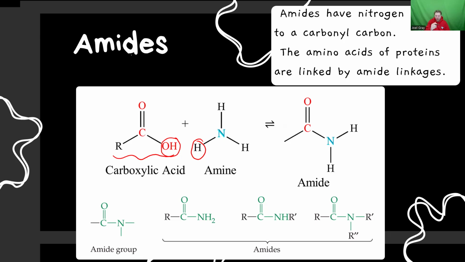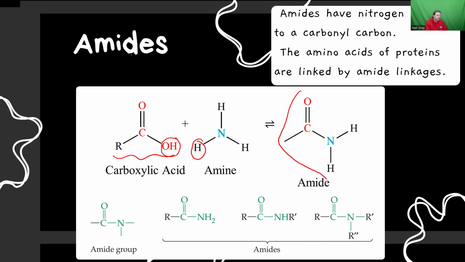So go ahead and add to the chat, what are we making in addition to an amide when we react a carboxylic acid with an amine? Water. Water is a byproduct of this. Now, when ammonia reacts with a carboxylic acid or a primary or a secondary amine, that's what we're going to get out of this, an amide.